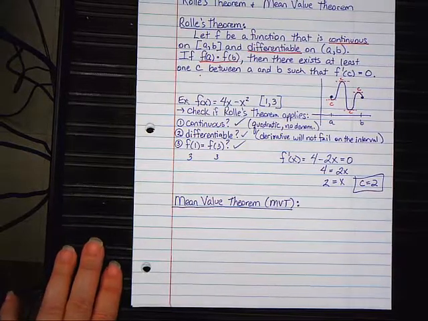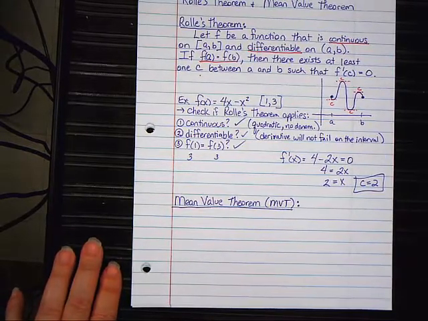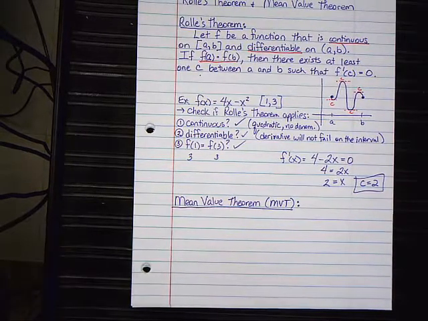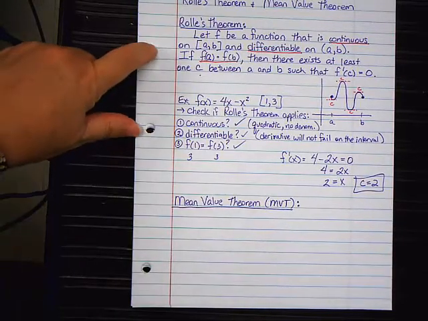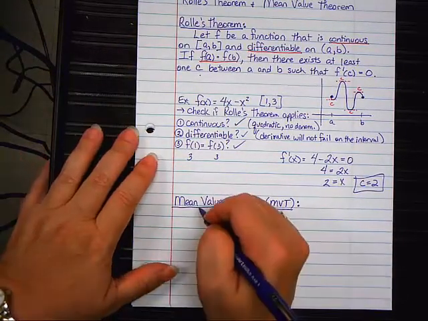It is kind of like Rolle's theorem, but a little bit more overall encompassing. And it's not as easy to see in your head as this one was. Okay? So let me start writing.